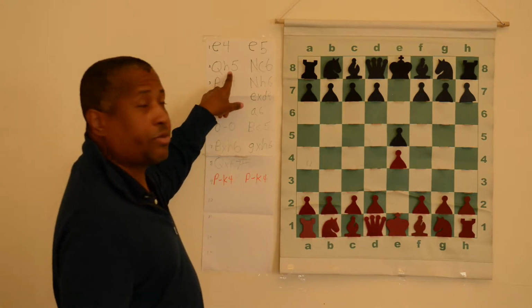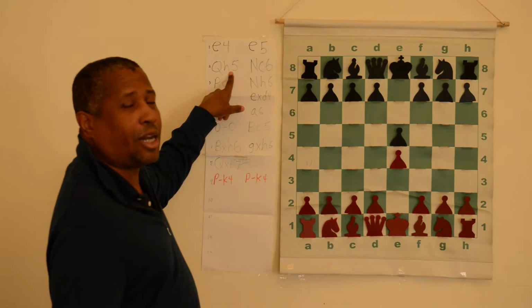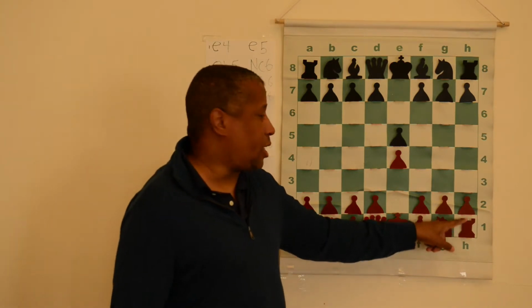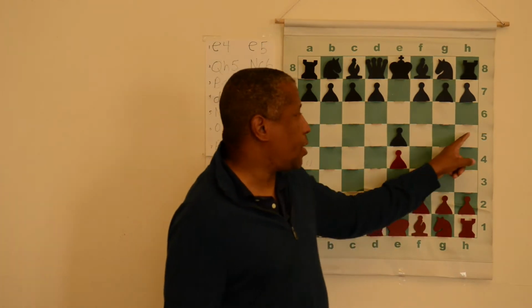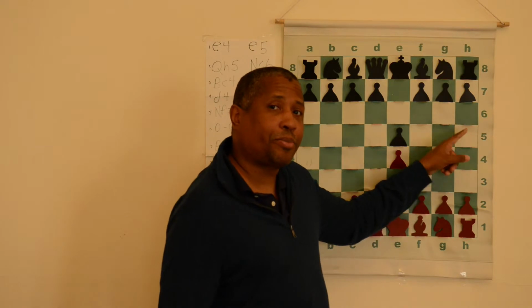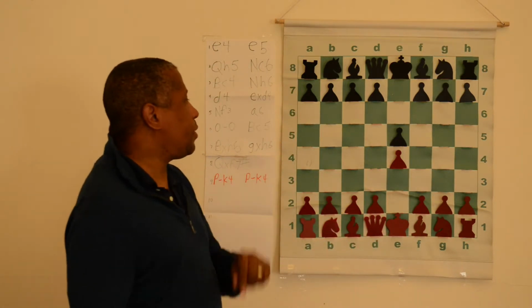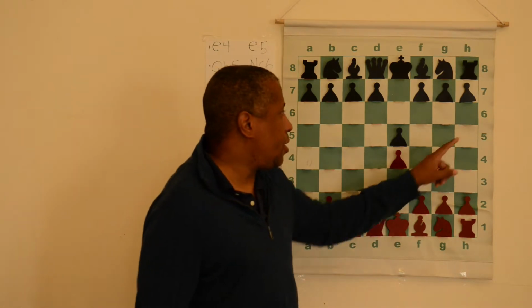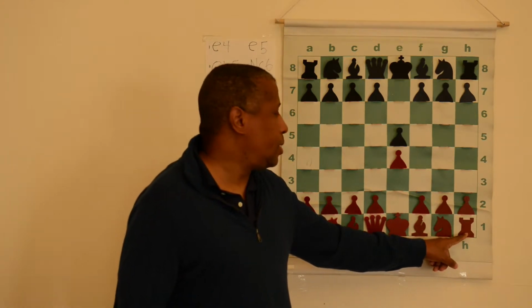Now this algebraic notation says QH5. So here's H, H1, H2, H3, H4, H5. And then we move the queen there. In descriptive notation, right here, this is the king's rook file.